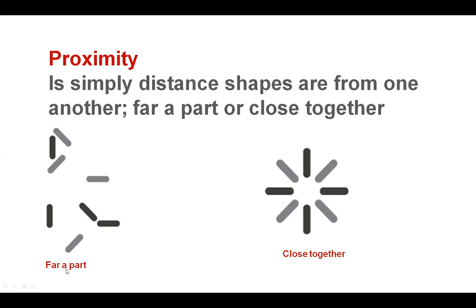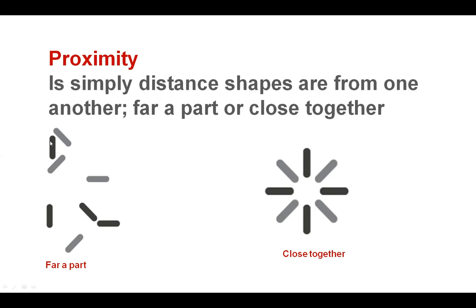So when the shapes are far apart, you can see how they look disorganized. But then when you bring them together and you make sure that there is enough space between them, then you can come up with something meaningful. You can come up with something reasonable.